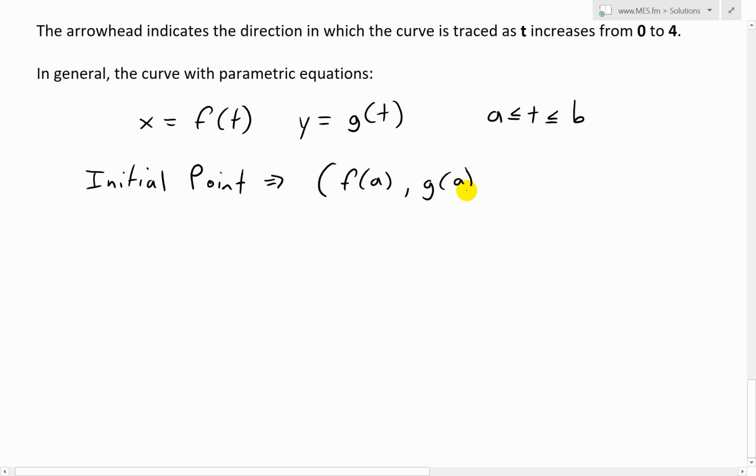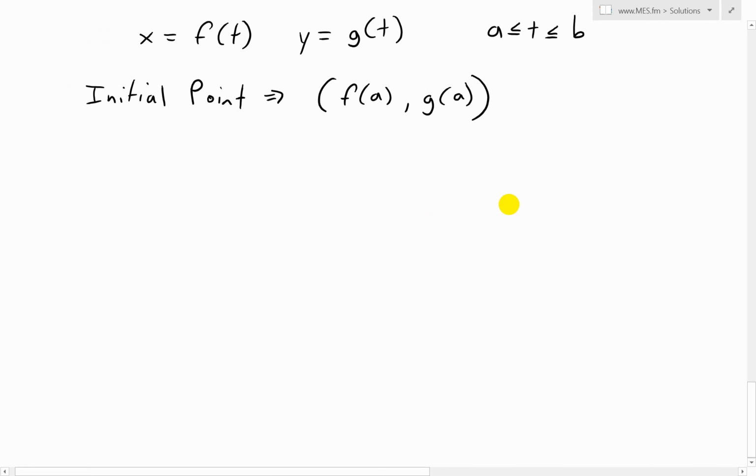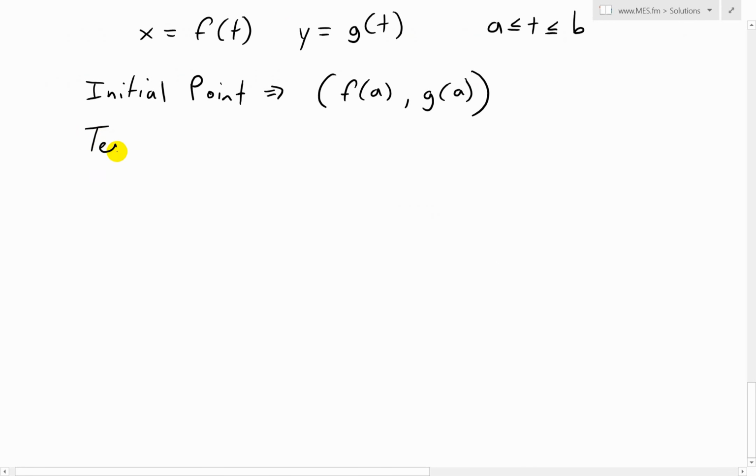And then the terminal point, as it's often called, is the endpoint of the curve, and this one is at f of b and g of b.